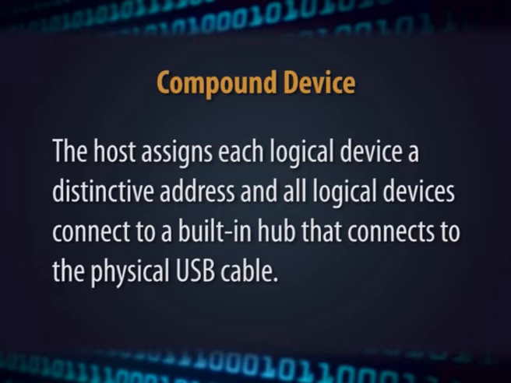Second type of device is called a compound device, in which the host assigns each logical device a distinctive address and all logical devices connected to a built-in hub that connects to the physical USB cable. The functionality of USB devices is defined by class codes.